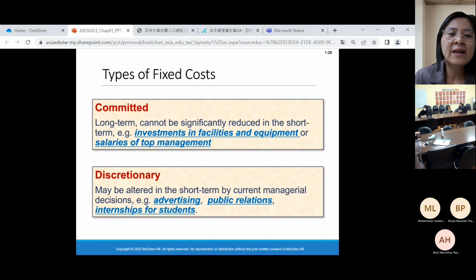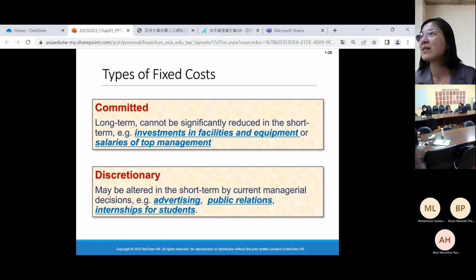The other one, the discretionary fixed cost, can be altered in the short term by a current managerial decision, like advertisement. You pay for the advertisement fee this month, and at the end of the month you think that's useless, so you decide to stop it for next month.